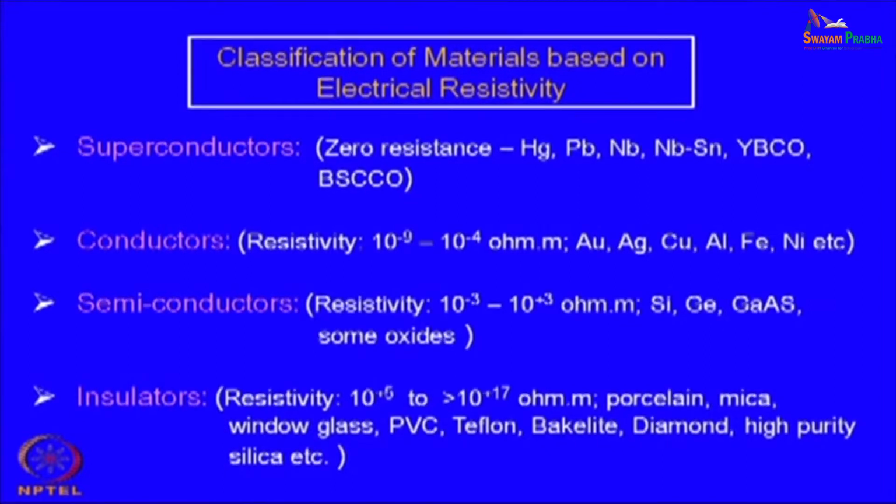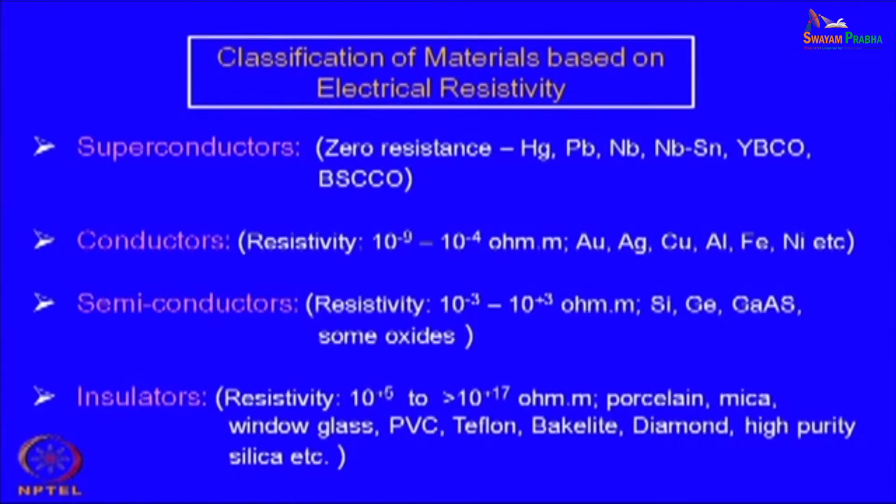In fact, there are high Tc superconductors, that means high temperature superconductors, compared to many of the metals and alloys which have been listed here: mercury, lead, niobium, tin, and then YBCO, a complex oxide of yttrium, barium, copper, which is how the name came, and BSCCO, bismuth, strontium, calcium, copper oxide. So, there are very complex oxides.